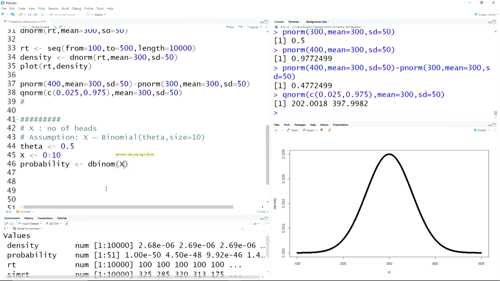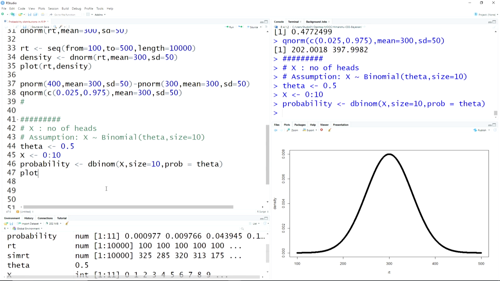Here you will pass x, sample size is 10, and the underlying probability of success is theta, which is 0.5 in this case, right.